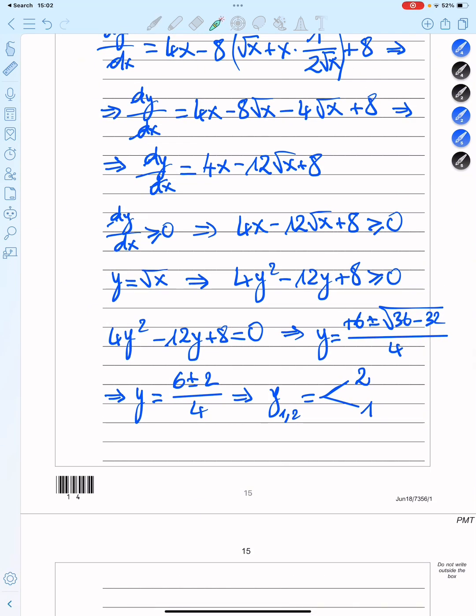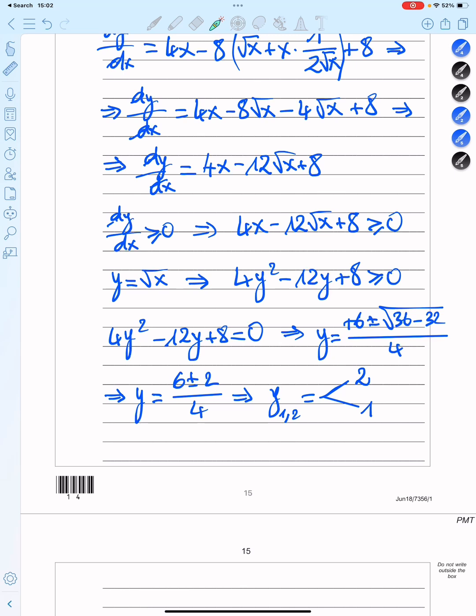But we needed to solve this inequality, right? So basically I'm going to look at the sign of this. This is positive and this is greater or equal, so it means they have the same sign, right? So when they have the same sign, the solution of the inequality would be the exterior.